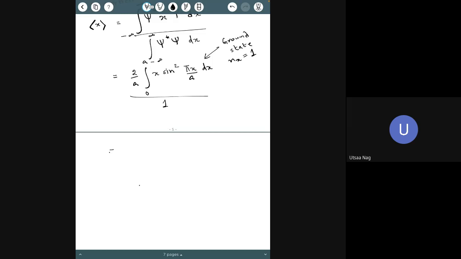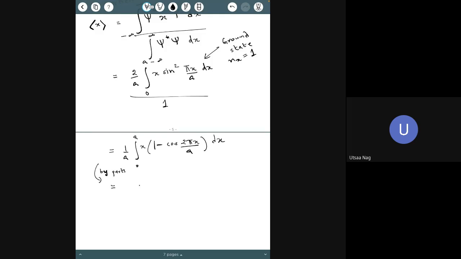And then you can write 2 sine squared pi x by a as 1 minus cos 2 pi x by a, whatever. So I'll just write it short. This you will be able to do, I'm sure. Then you integrate by parts.